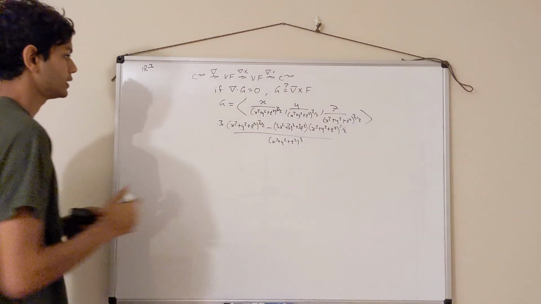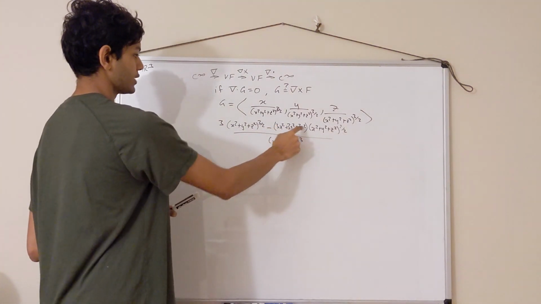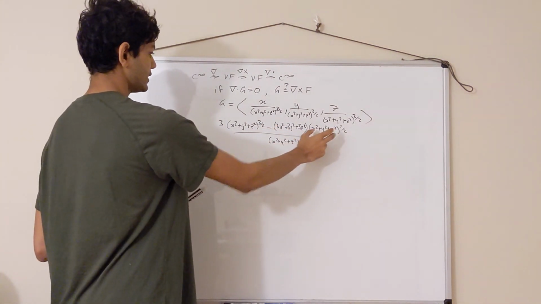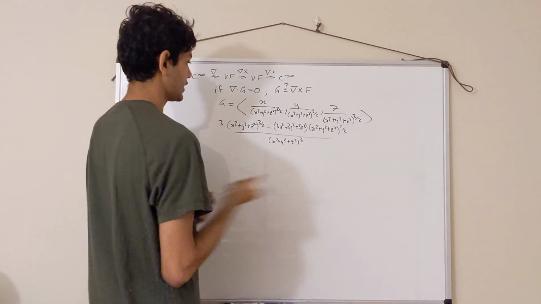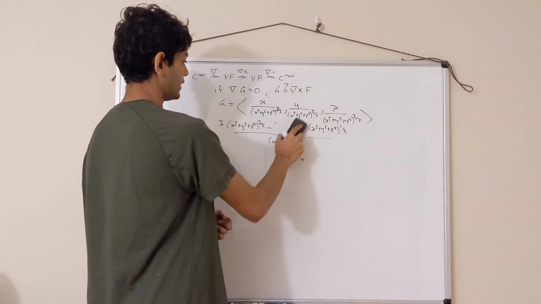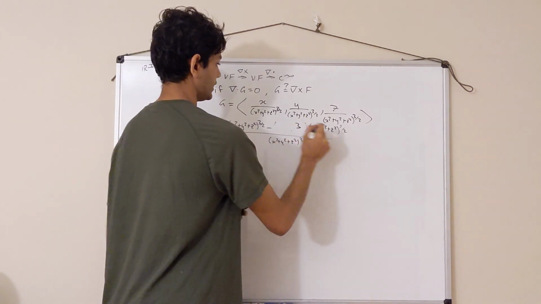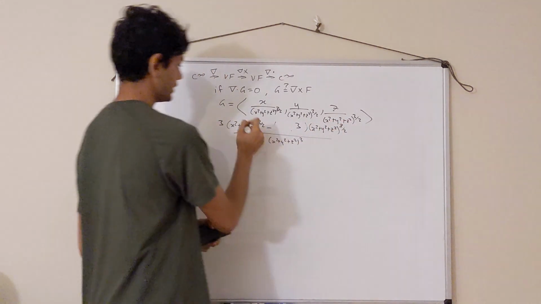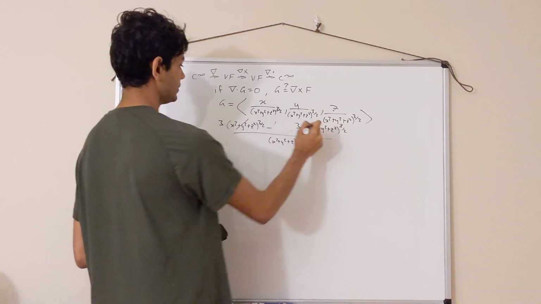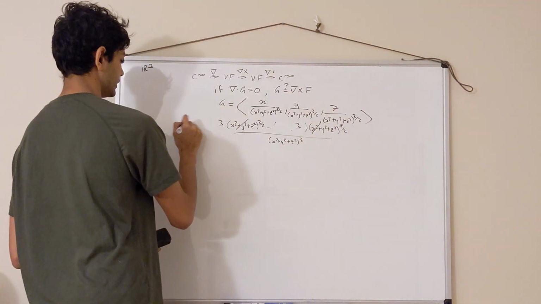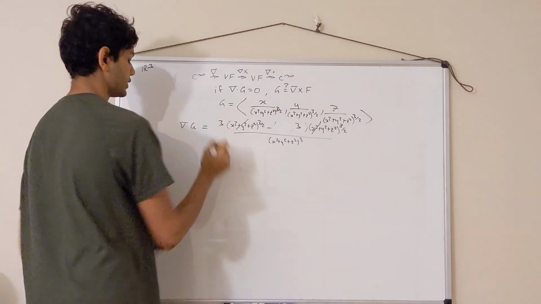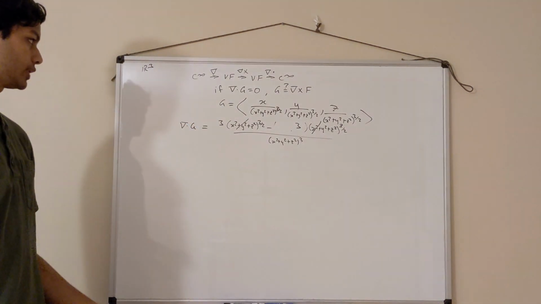So this becomes 3 times (x squared plus y squared plus z squared), and then times this expression means that we can replace this with 3 times (x squared plus y squared plus z squared) to the power of 3/2. And what that does is it cancels out this term and this term, and then we get that the divergence of G, which is equal to this, is going to be equal to 0 everywhere.